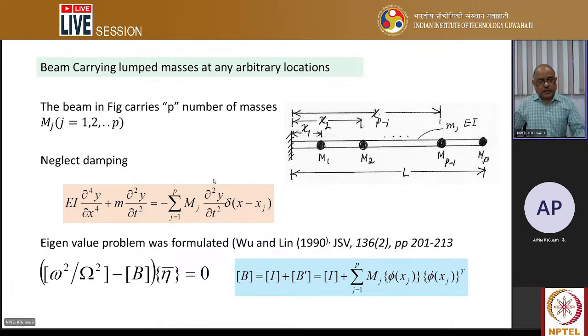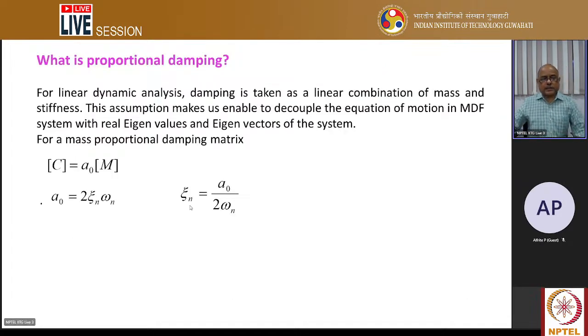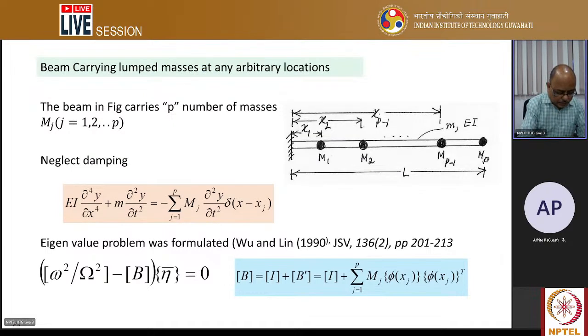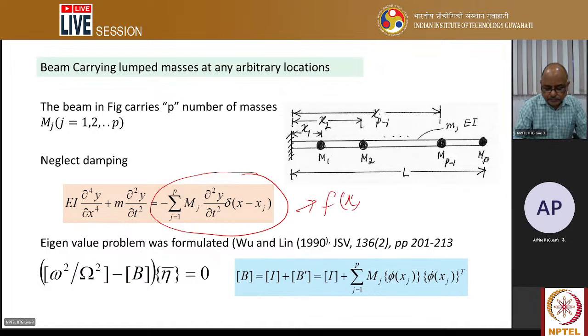This term is analogous to the term used in forced vibration analysis, that is F(x,t), a forcing term. Then this equation is decoupled in the same way that we have done earlier, and the eigenvalue solution is developed in this form.